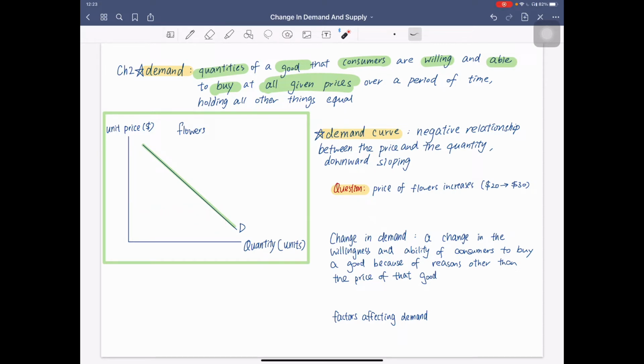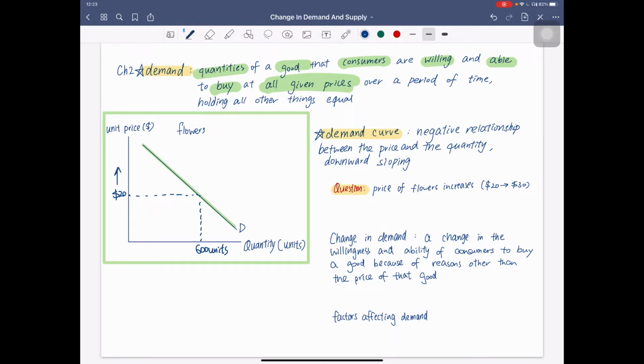So when the price of flowers increases from $20 to $30, let's see. When the price is $20, the consumers are going to buy 600 units of flowers.